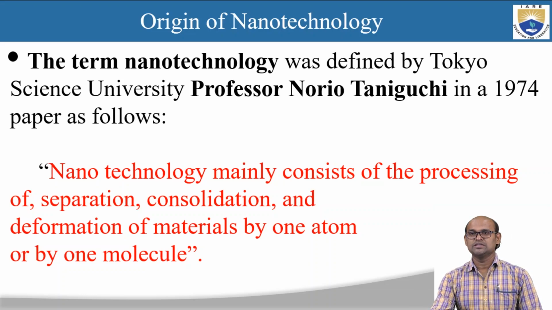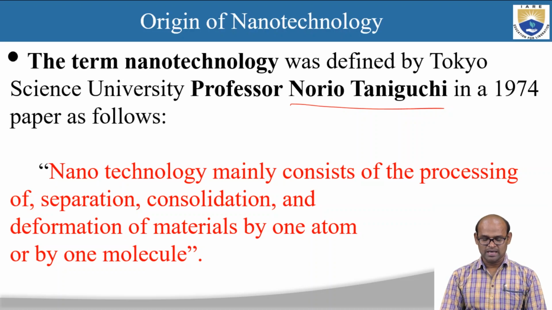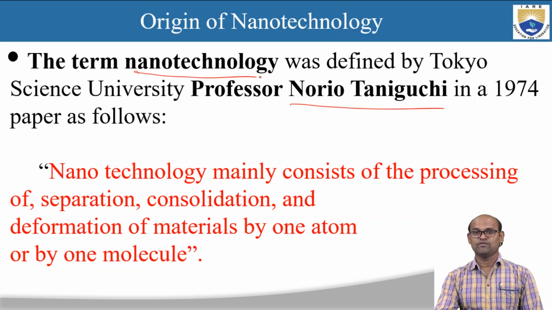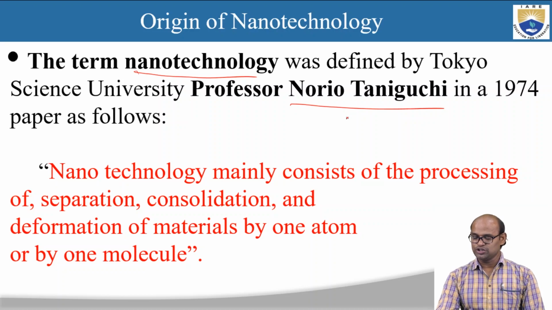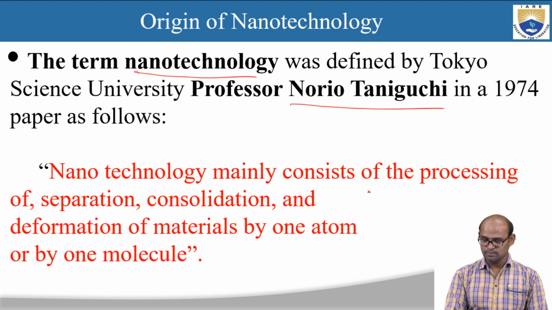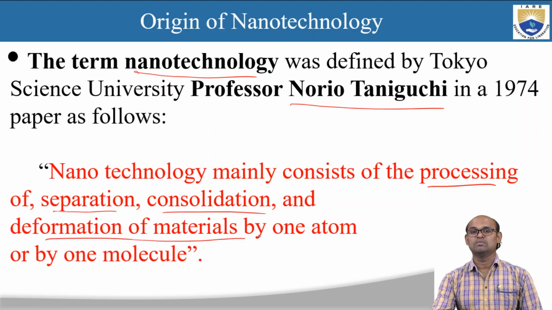The term nanotechnology was defined by Tokyo Science University professor Norio Taniguchi in a 1974 paper as follows. Nanotechnology mainly consists of the processing, separation, consolidation, and deformation of materials by one atom or by one molecule.